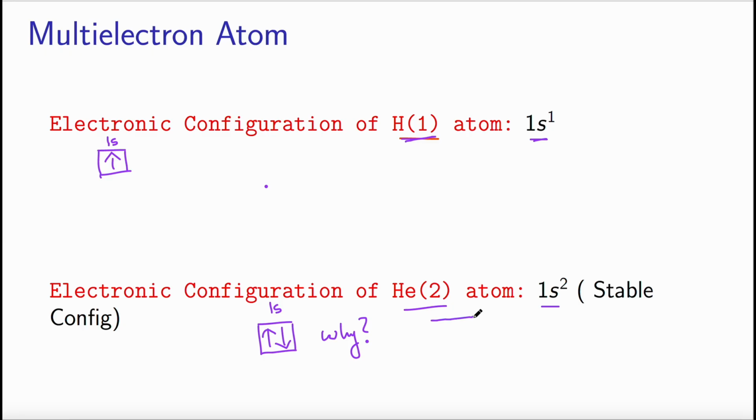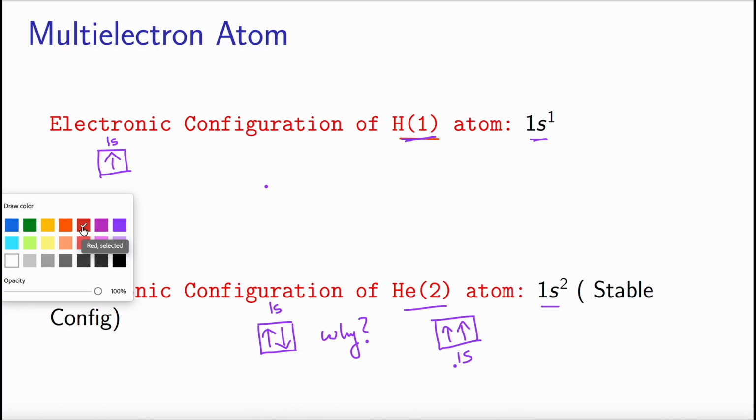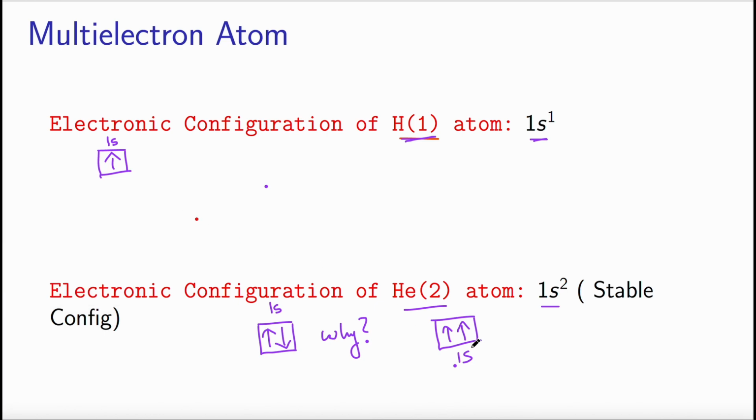Is this correct, if I say this is up and this is also up, in 1s? No, this is not correct. Why? Because of Pauli's uncertainty principle.